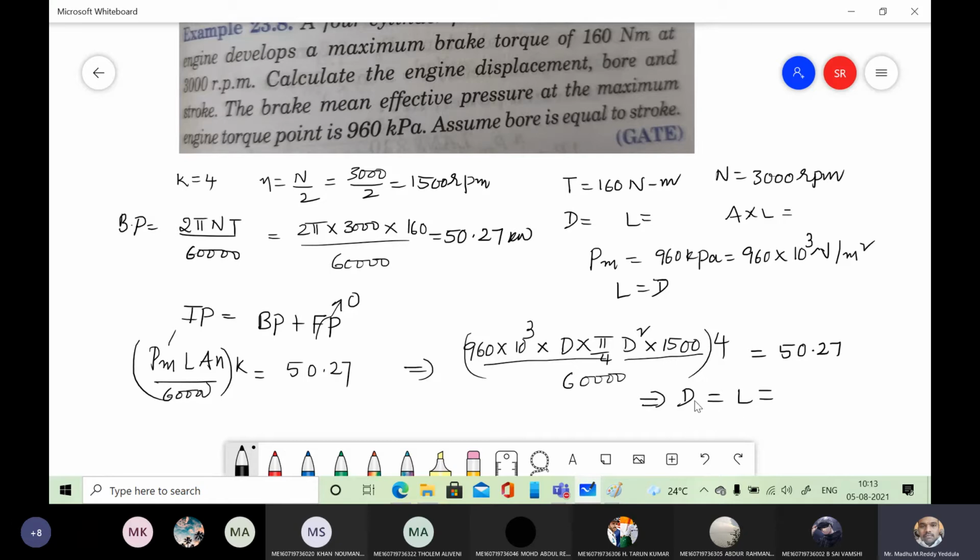Once you know D and L, we can calculate stroke. What is asked is the swept volume, that is, the engine displacement. Engine displacement is A into L. You can calculate. Is this problem clear?